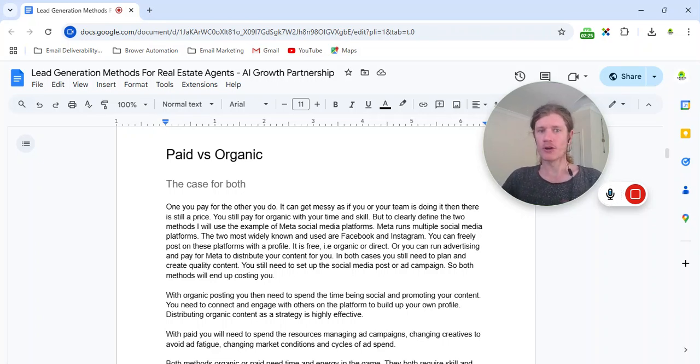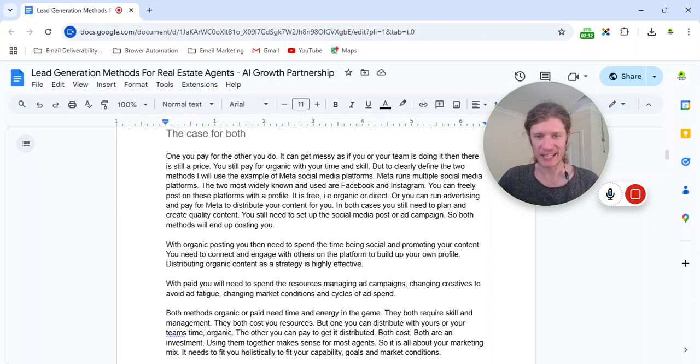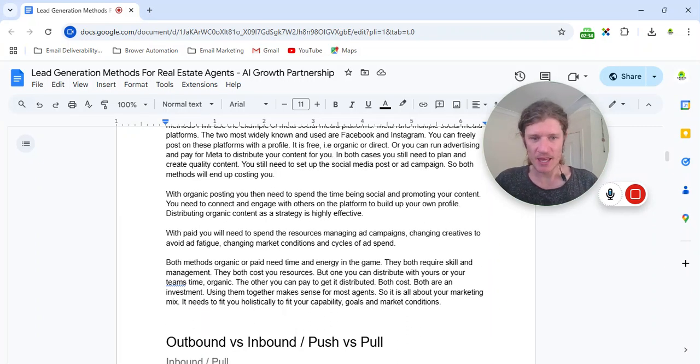So basically, don't get too caught up in whether it's paid or organic here in the strategies. Both methods need time, both require skill and management, and they both will cost you resources. But one just distributes your content and your offer through paid channels, and the other through your own time.